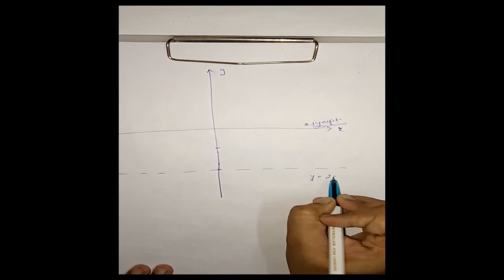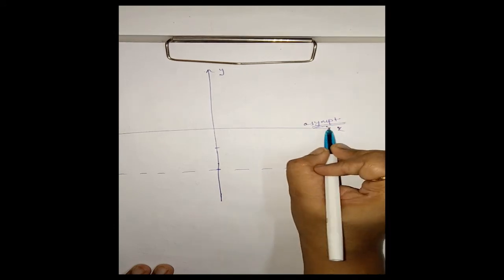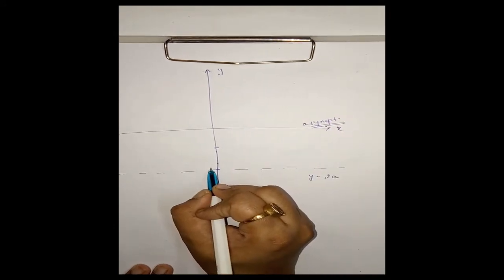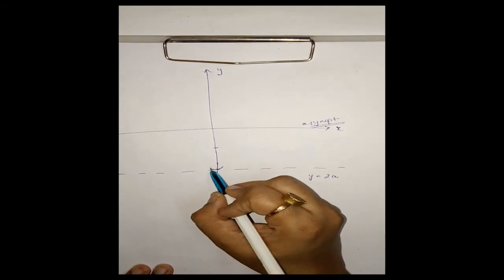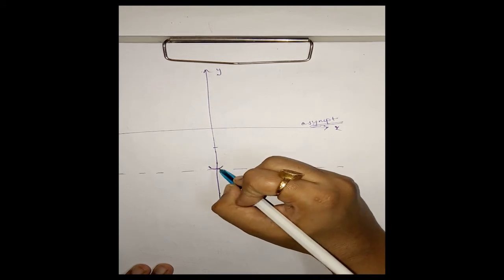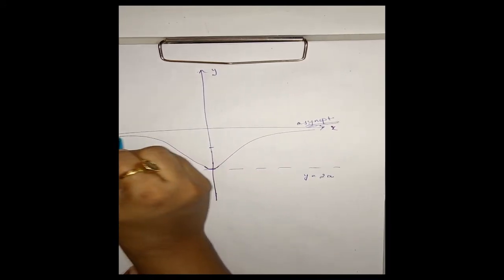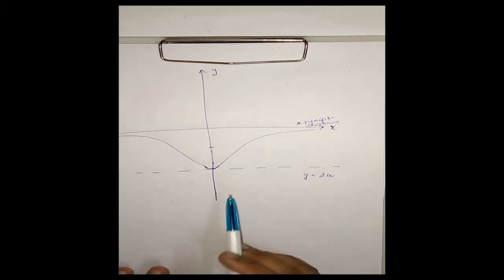Okay, since a is negative here, a is less than 0. Now this is my asymptote and this is my tangent. And this is my minimum value. Okay, therefore the graph will be of this form.